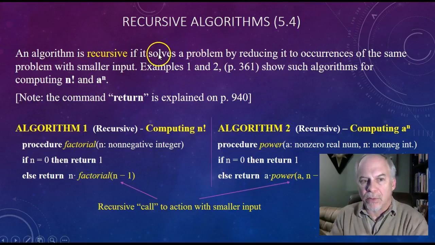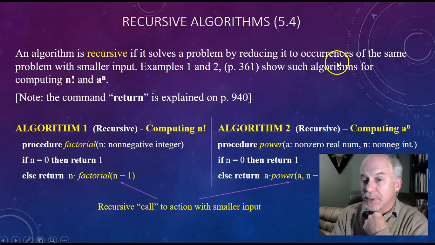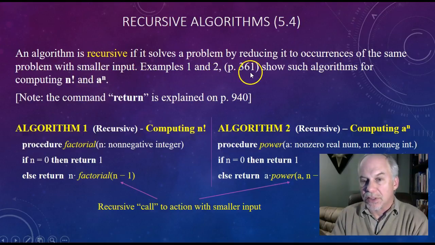So an algorithm is recursive if it solves a problem by reducing it to repeated occurrences of the same problem with smaller input. So examples 1 and 2 on page 361 show such algorithms for computing n factorial and a to the nth power.